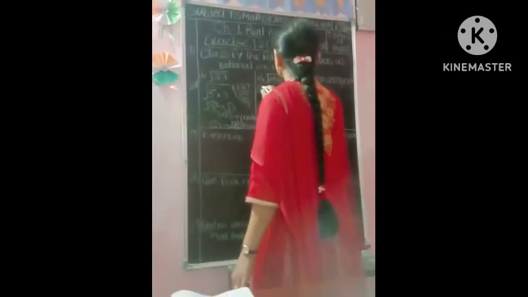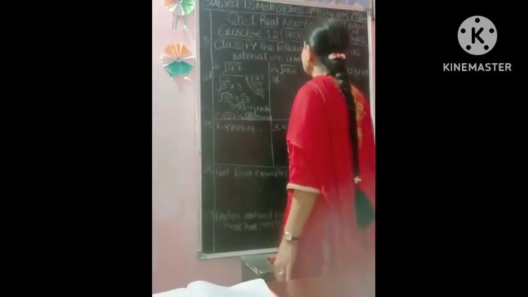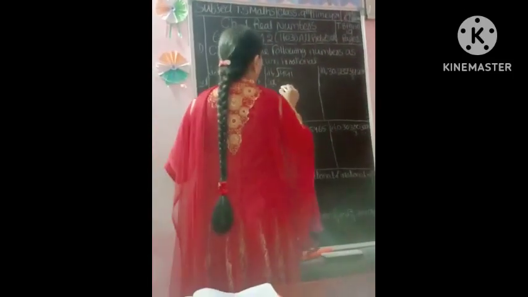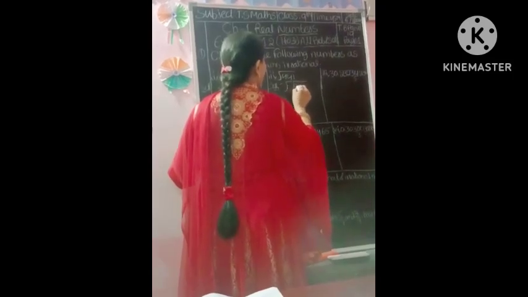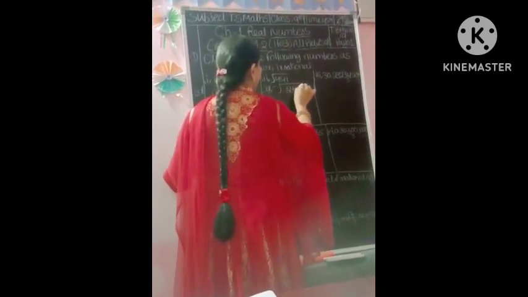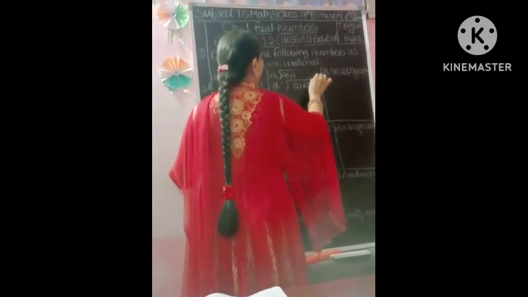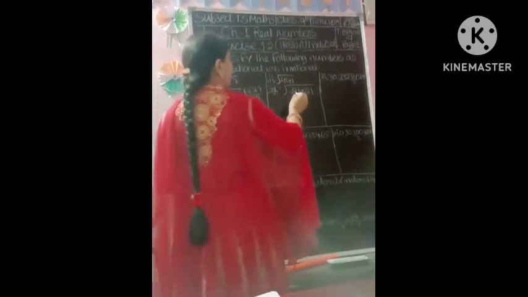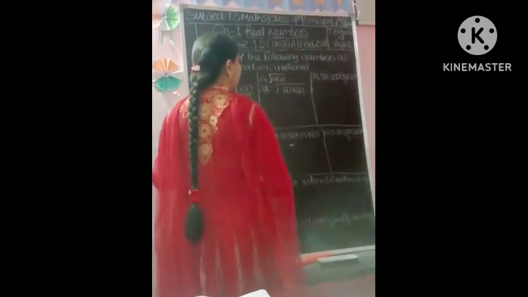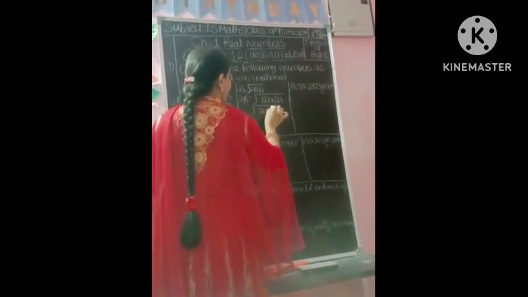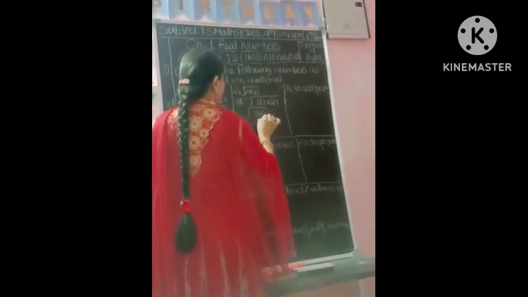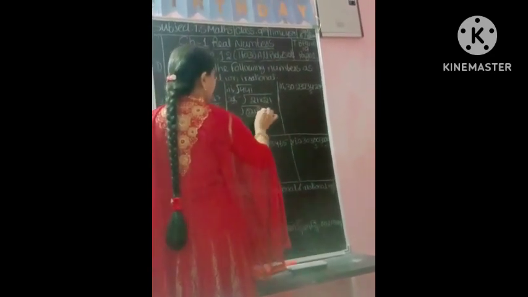Next we will go to the second one. The second one is root 441. 441 can be written as 21 into 21. 21 into 21, two times multiplied like this. So 21 square.